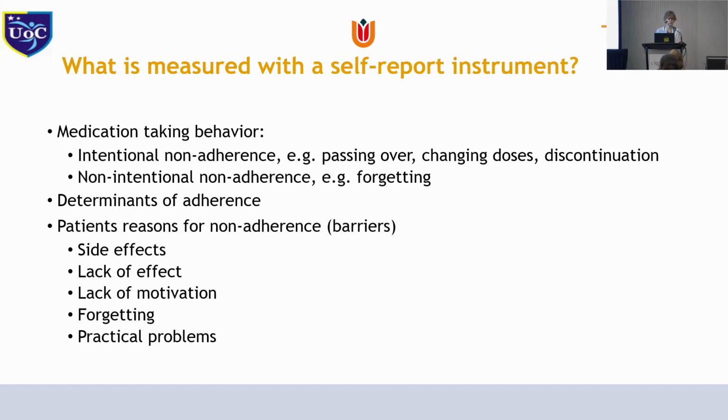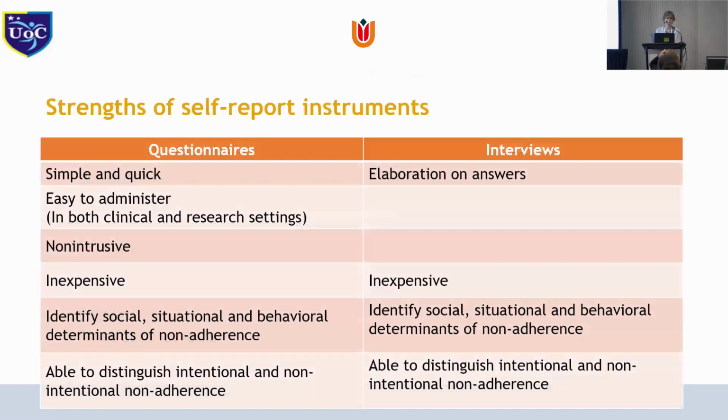Another example is when the patient has no opportunity to collect the medication at the pharmacy. For what reason? Because he's too ill or the distance is too long. That's also non-intentional non-adherence. Well, and then think about the determinants.